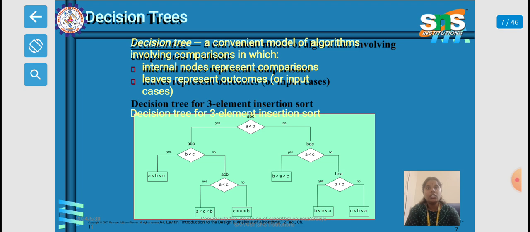Each internal node of a binary decision tree represents a key comparison, indicated in the node as k less than k.